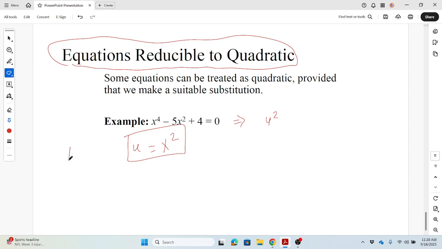So x to the power 4 is the square of the square, which is u square, minus 5 times u plus 4 equals 0. So look, this is a fourth degree equation, but we can reduce it to a quadratic equation for u, not for x, for u. So if you know how to solve a quadratic equation, you might be able to solve this equation which is of higher degree than quadratic.